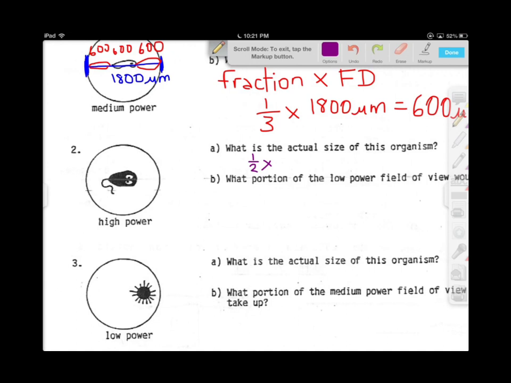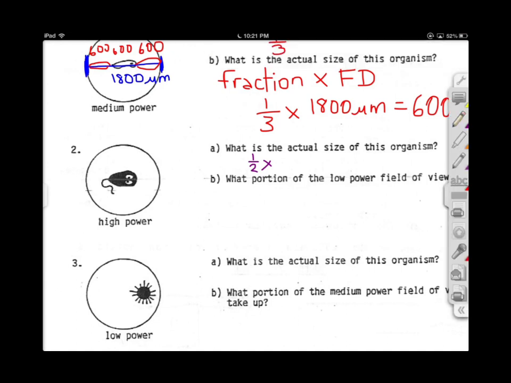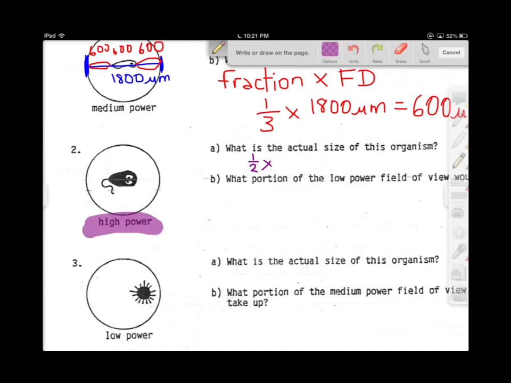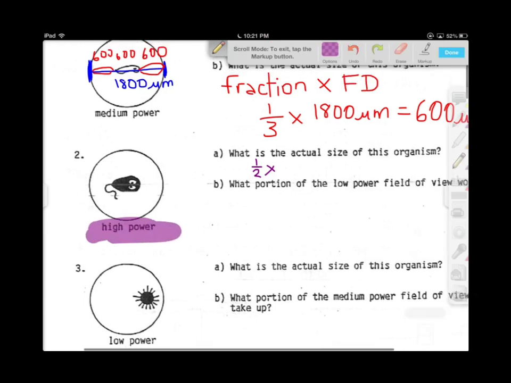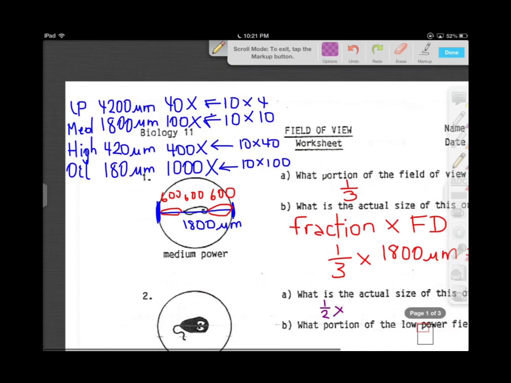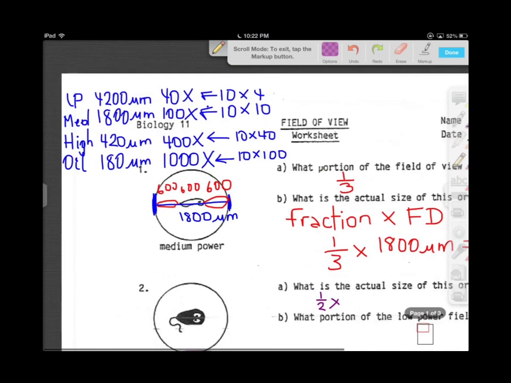Now you have to pay attention, it says that it's high. So let's do a little highlighting here. This is the high power lens. And you look back up here and you say, okay, high power, well, that's 420 micrometers across.